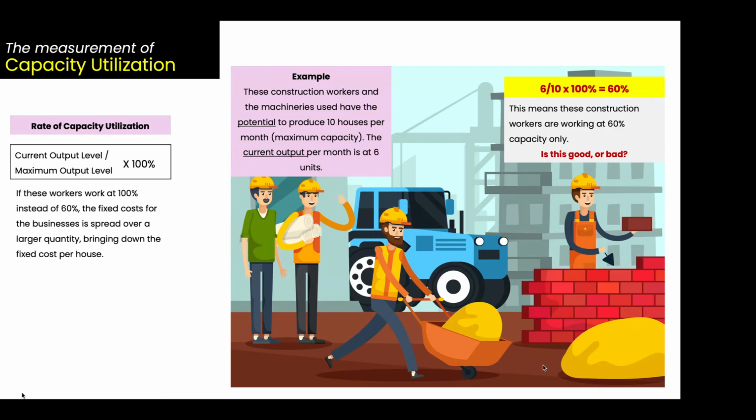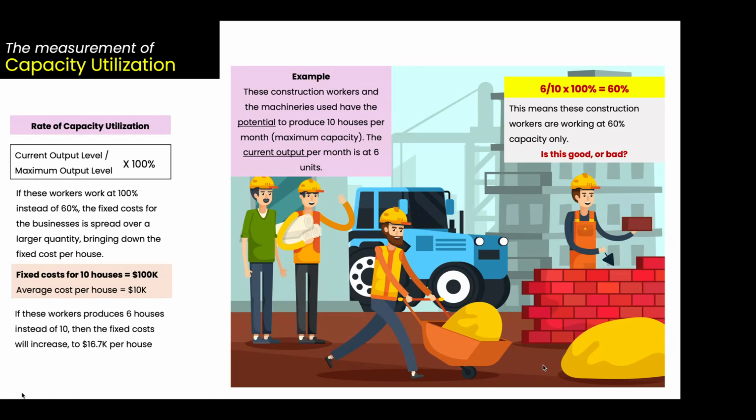So is this good or bad? Let's talk about that. If these workers work at 100%, that means they produce 10 out of 10, then the fixed cost will be spread over a larger number of houses, and that brings down the fixed cost per house. Looking at this example, if 10 houses equals $100,000 spent on fixed cost, then the average cost per house becomes only $10,000.